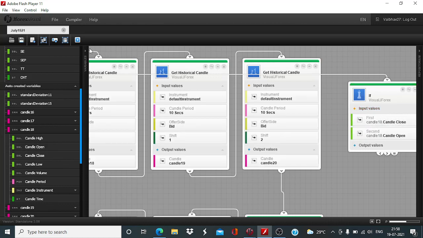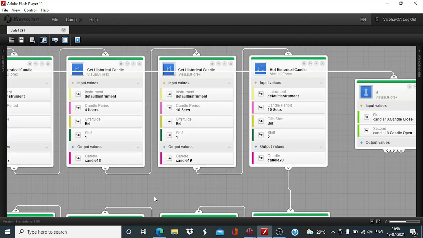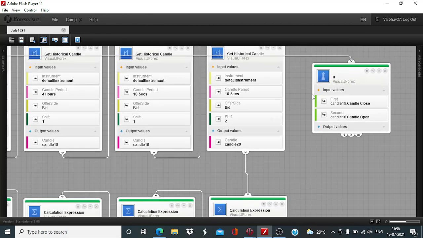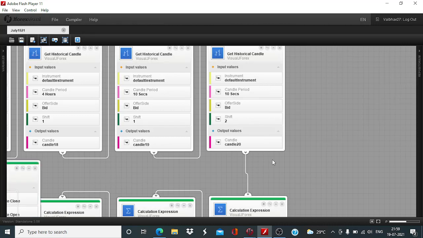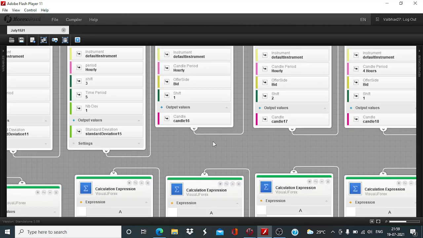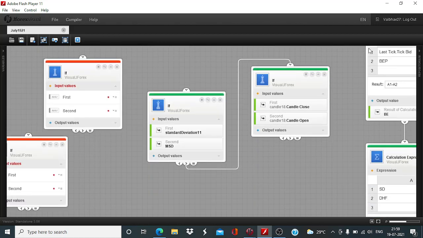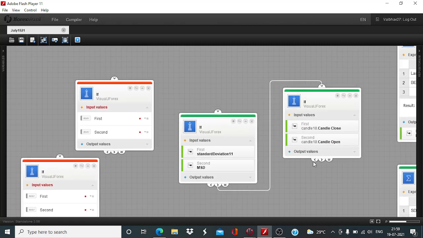Open, close, 4 hours. First input less than second input.